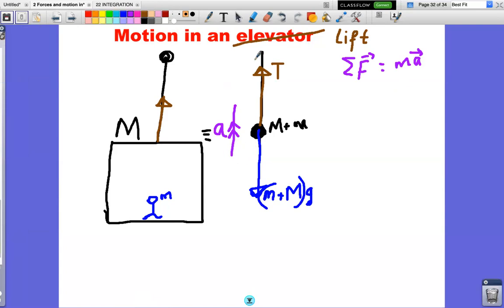So since our acceleration is upwards, we will take the force upward minus the force downward. So because this force will become negative, we take upward direction as positive. So the sum of forces, T, this force becomes negative. So we'll have T minus (M plus m) times g should be (M plus m) times a, the acceleration of the box, of the system, right?